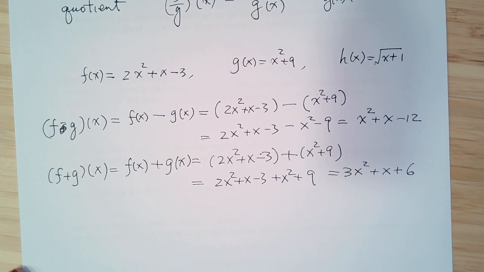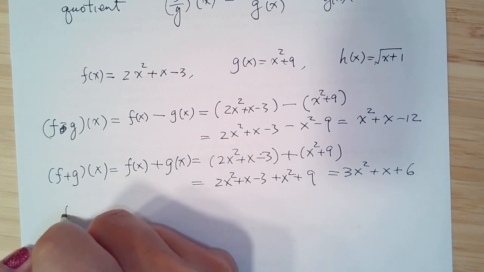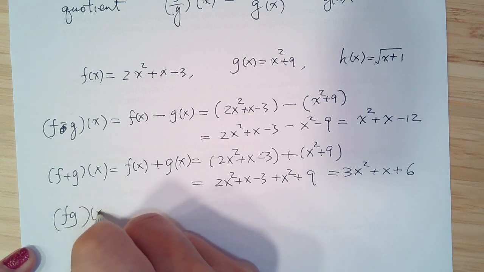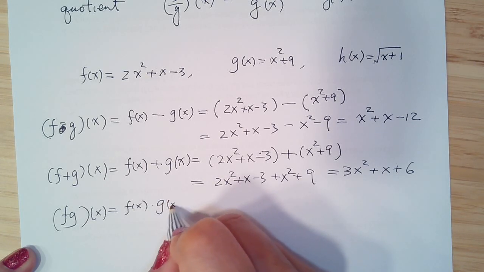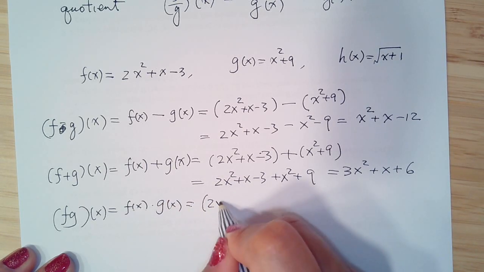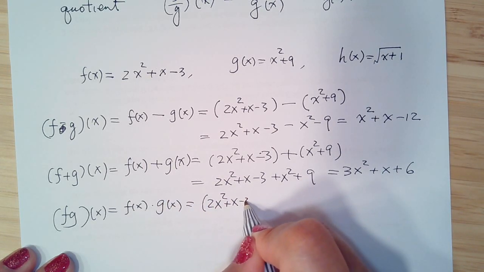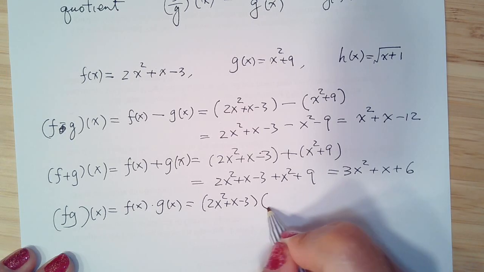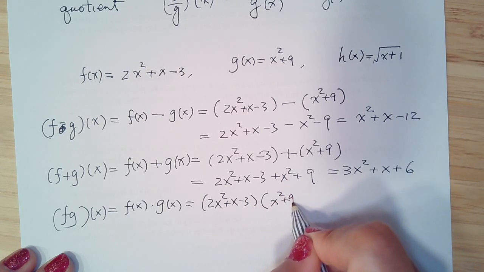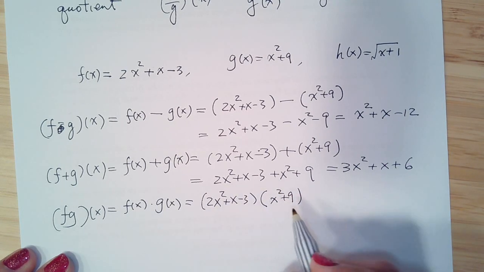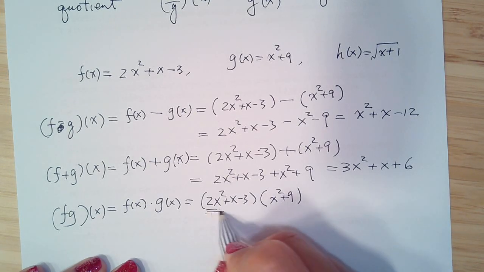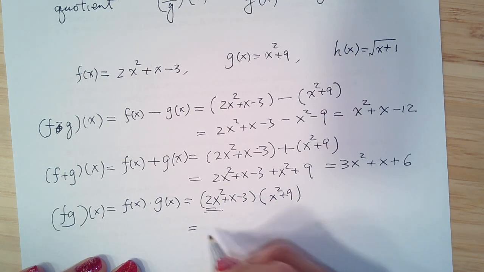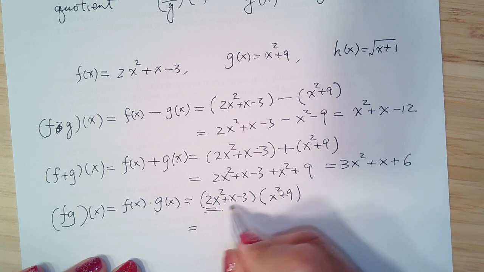And then can you find more? Can you find fg of x, which is just f of x times g of x, which is 2x squared plus x minus 3 times x squared plus 9. Then you're going to use the distributive property. That's hard, right? So you're going to use this guy, multiply by every single term there. So that's 2x squared times x squared.